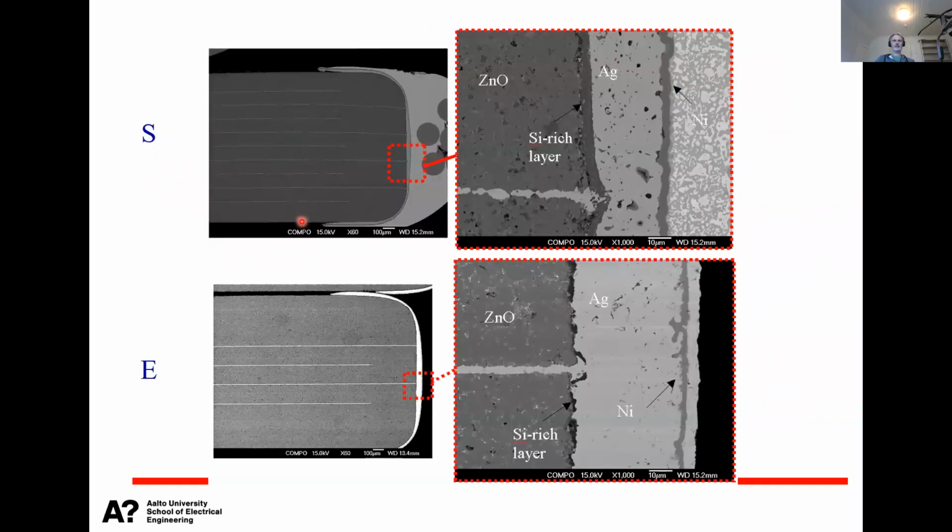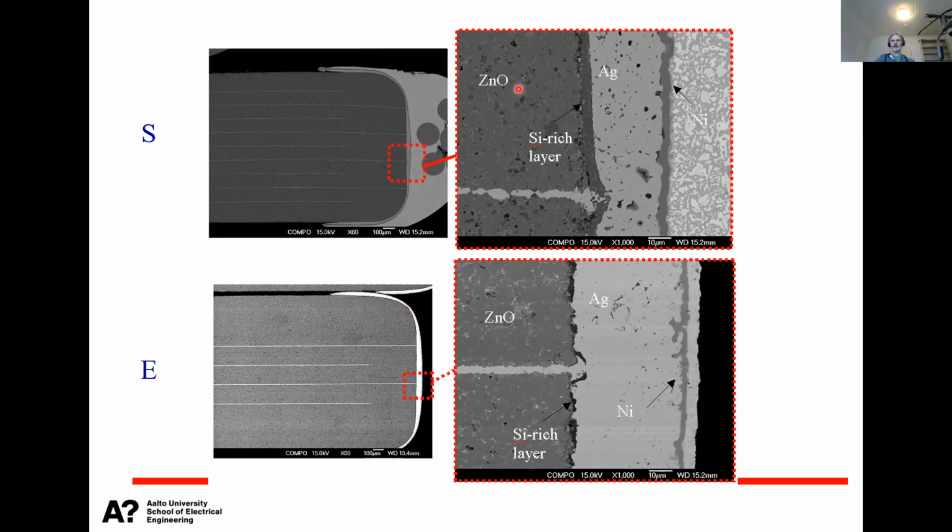So first we made, again, cross sections from both components, from S and from E, so the high quality and, let's say, moderate quality. And we could already see significant differences in the contact area.